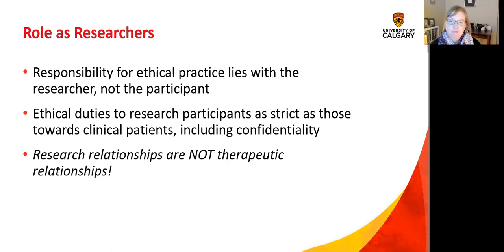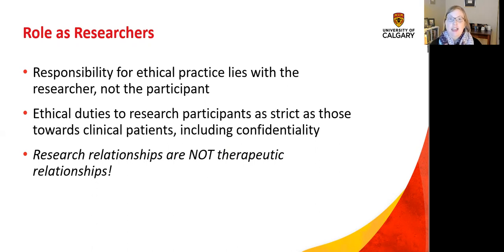It's also important to remember that research relationships are not therapeutic relationships. So you may have somebody say to you, I found it really difficult because I didn't have enough food to eat, and that made me really stressed out while I was experiencing this life event.